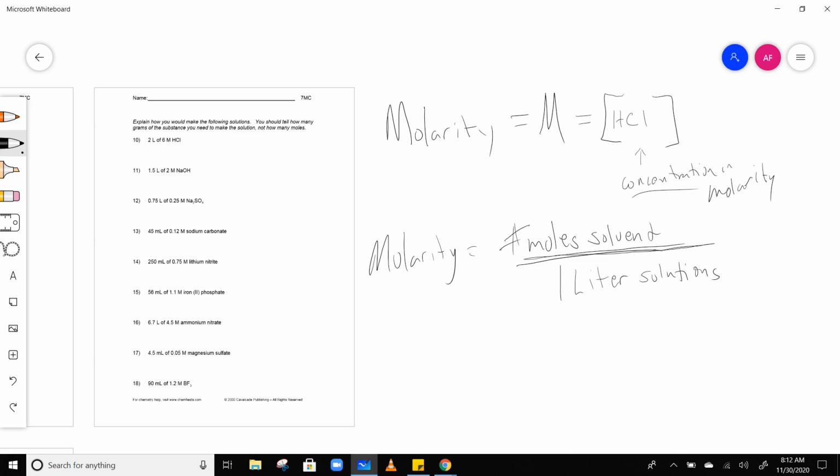So molarity is simply the number of moles of solute over 1 liter of solution, okay? So if we want to find the molarity of a specific substance, we need to know the number of moles of something and the number of liters of that solution.